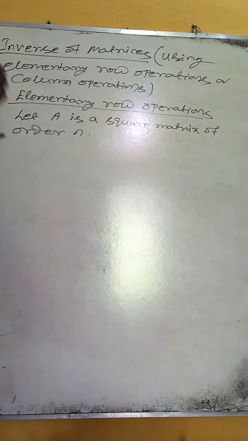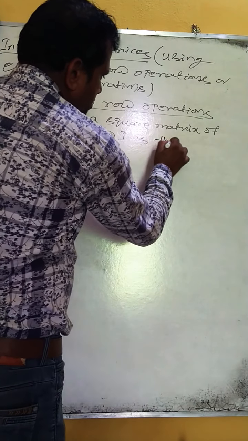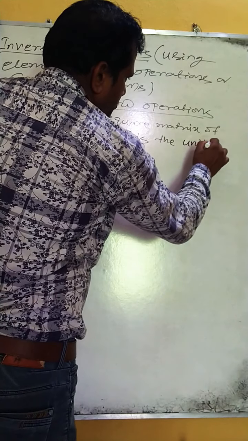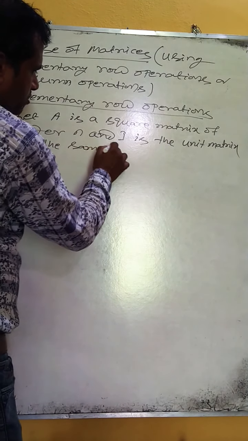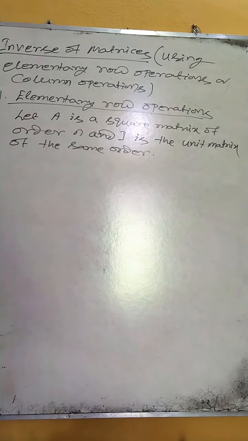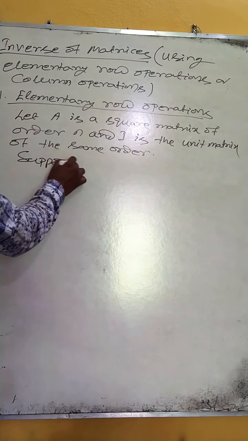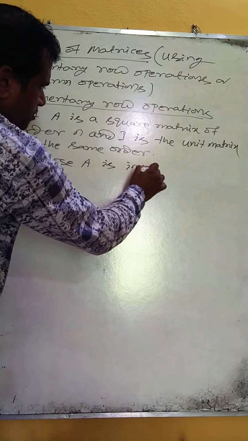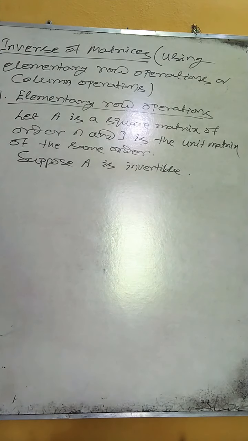Let A be a square matrix of order n, and capital I is the unit matrix of the same order. Suppose A is invertible.